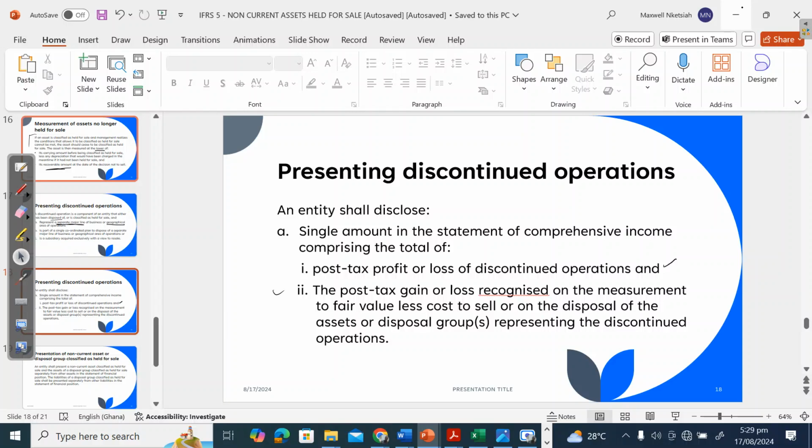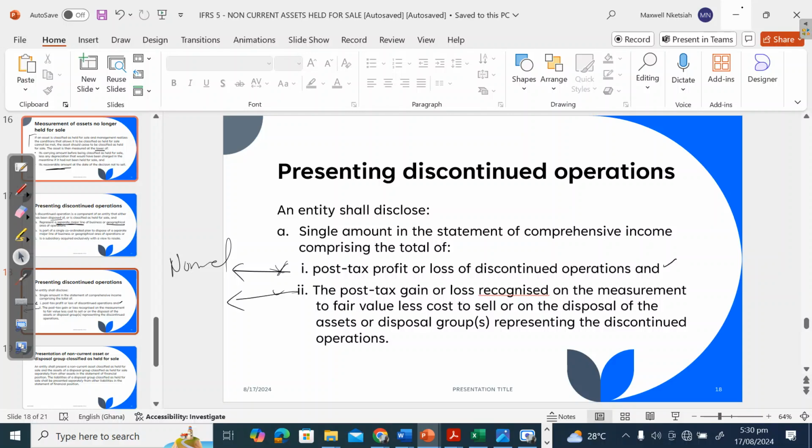Then two, the post-tax gain or loss on the measurement of the fair value less cost to sell, or on the disposal of the assets or disposal group representing the discontinued operation. So here, this is the normal operations.